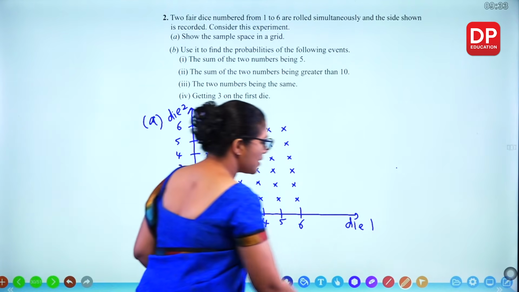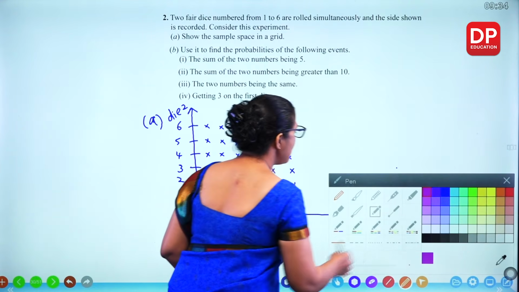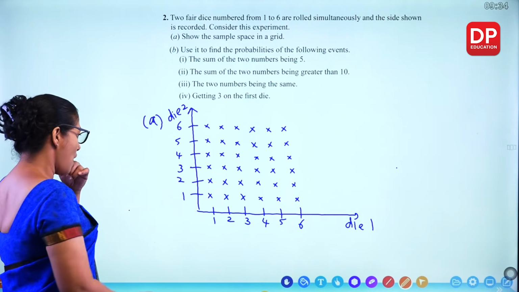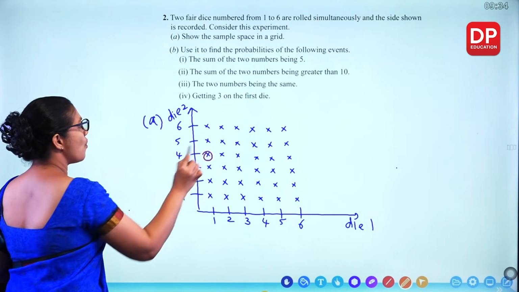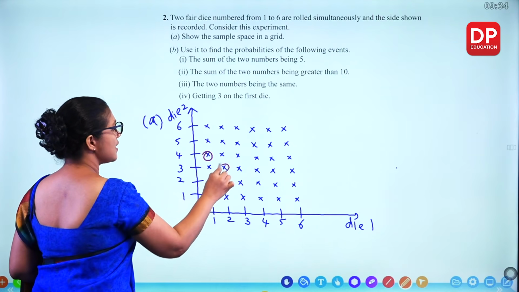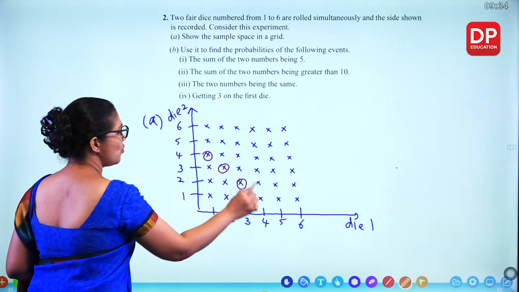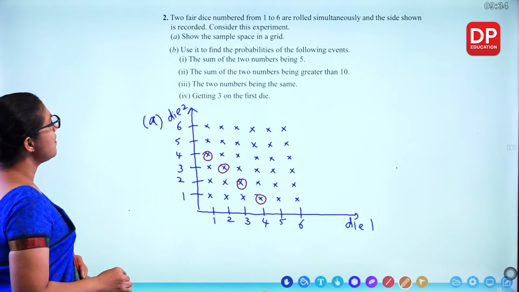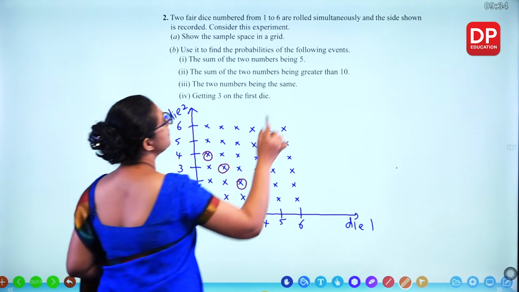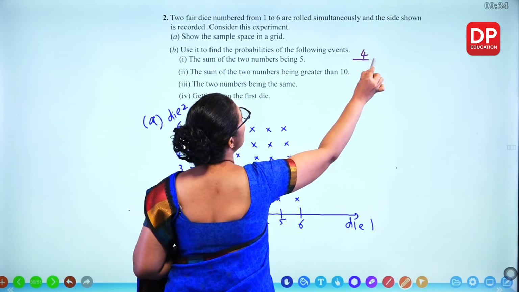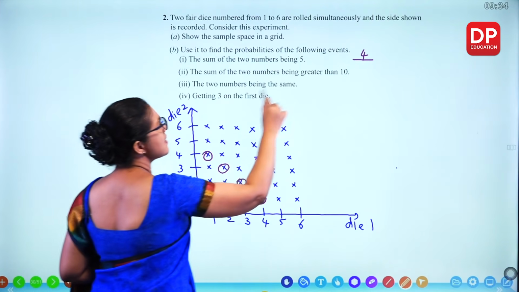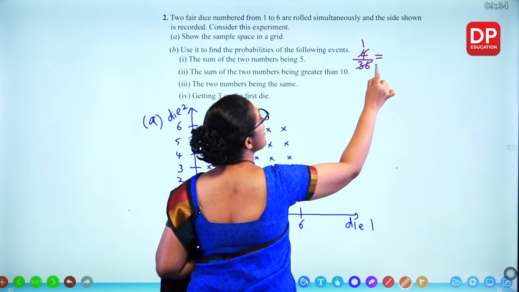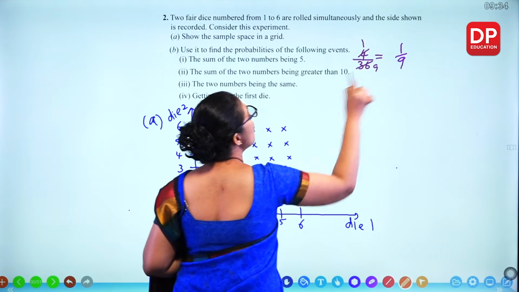What are the numbers you get when you add the two numbers is equal to 5? 1 with 4, 2 with 3, 3 with 2, 4 with 1. 4 possibilities are there. So what's the probability? 4 over 36 altogether. Simplify, 4 times 1, 4 times 9, 1 over 9.